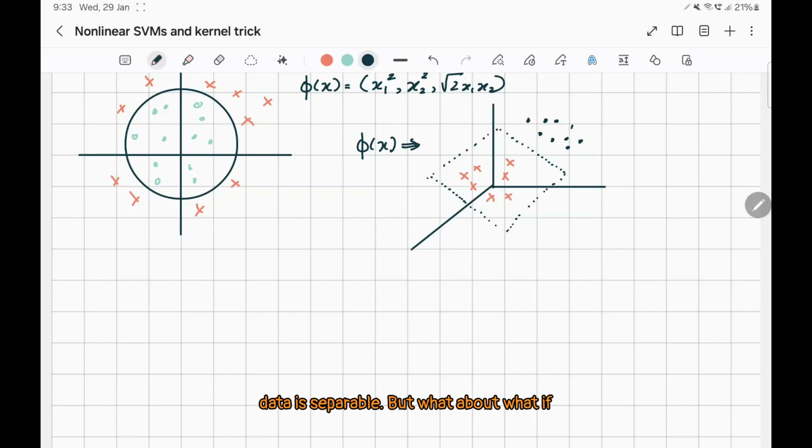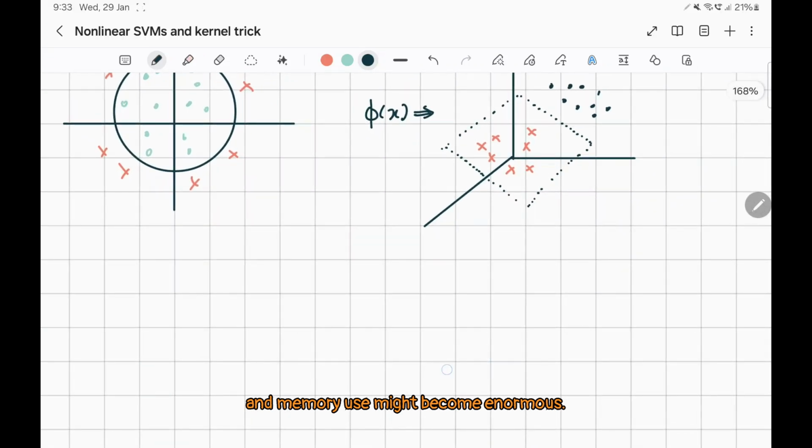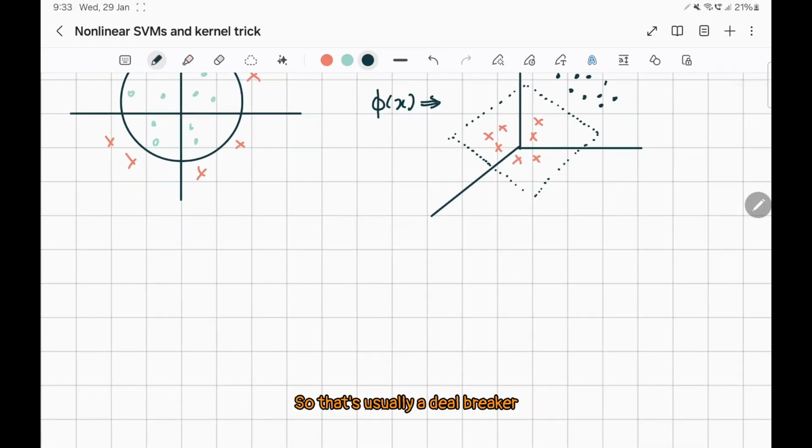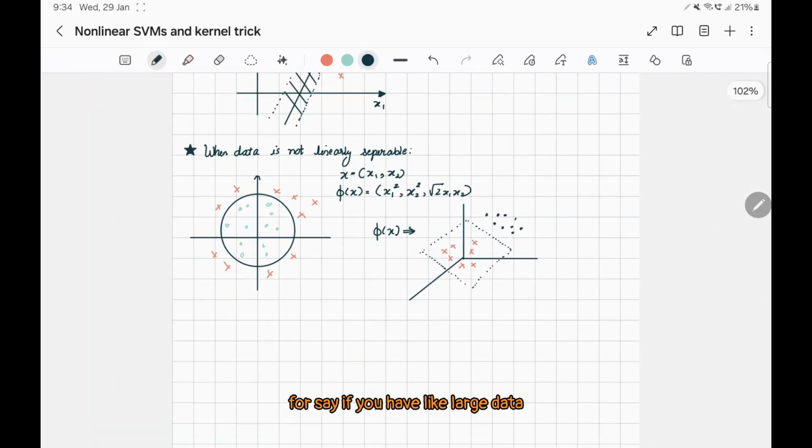But what if we were to jump to a 6-dimensional, 10-dimensional, or 1,000-dimensional space explicitly? Your computation and memory use might become enormous. That's usually a deal breaker if you have large data sets.